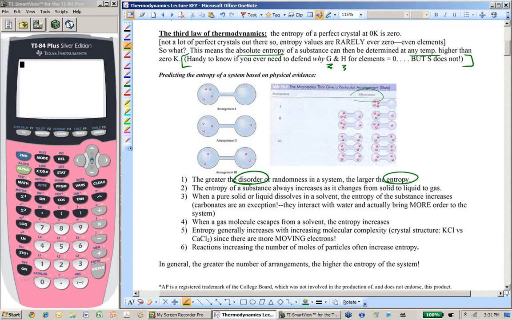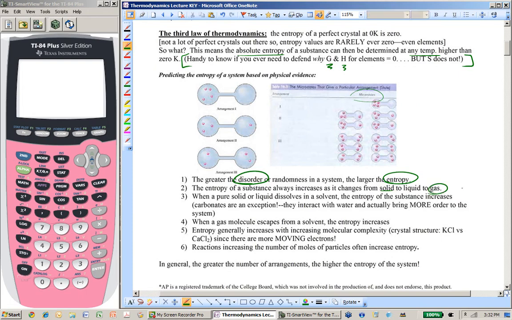So the entropy of a substance always increases as it changes from solid to liquid to gas, because what's the scoop on solids? You have fixed molecules or atoms, fixed into a position, and all they can really do is vibrate around that fixed point that they're locked into in this crystal. But if you melt them, they start to acquire some translational motion, which means going from point A to point B. They're also free to rotate once they're unlocked from that crystal.